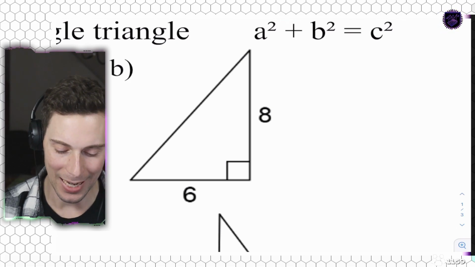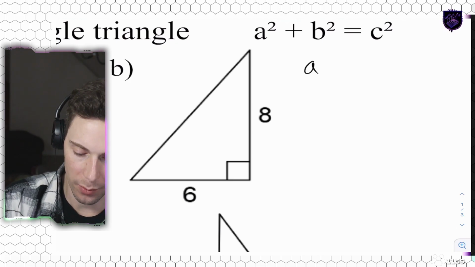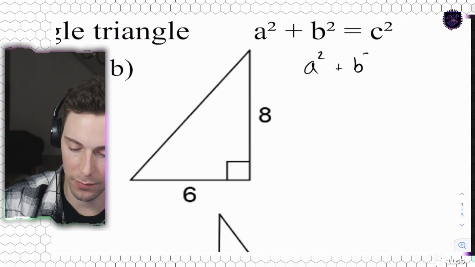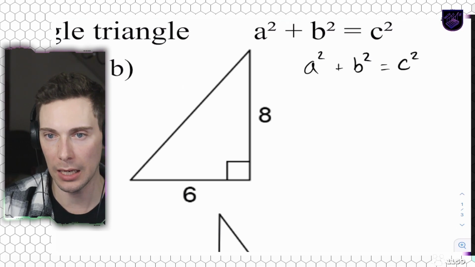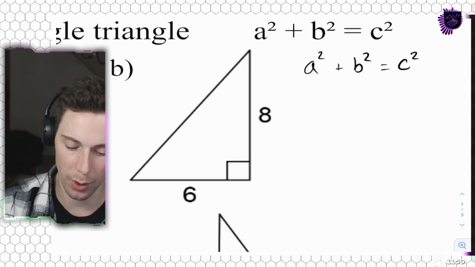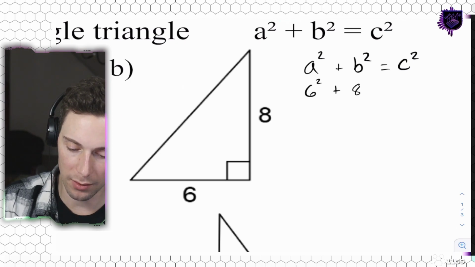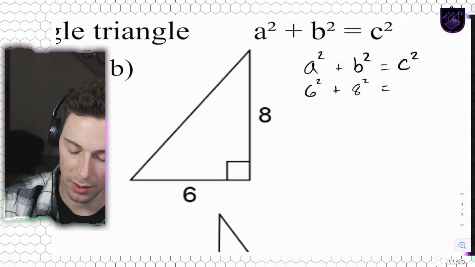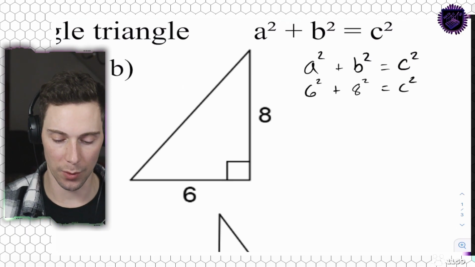All right, so we have 8 and 6 as our sides. So we want to go the square of side A plus the square of side B will be equal to the square of side C. A squared plus B squared equals C squared. Let's put in our 6 squared plus 8 squared is equal to our square of side C, which we don't know yet.